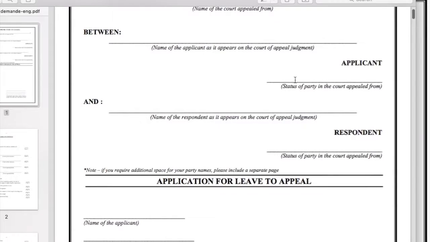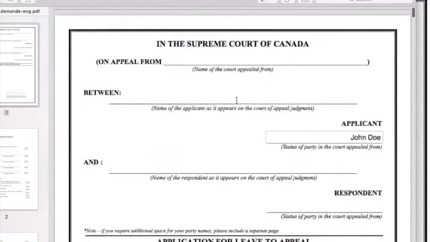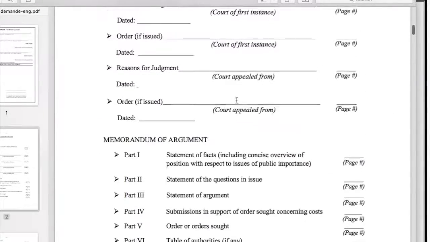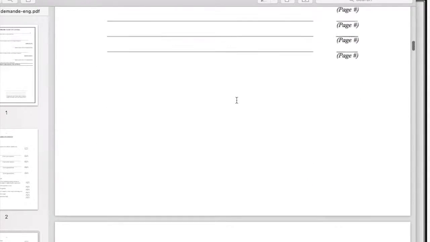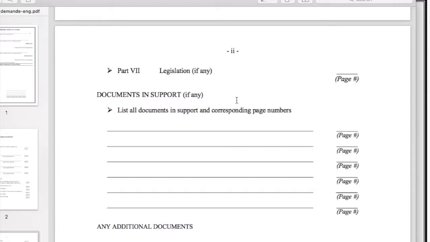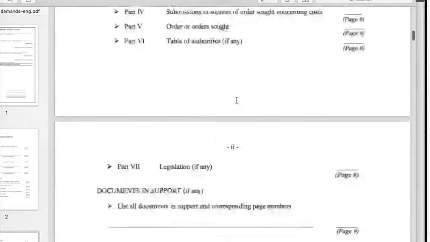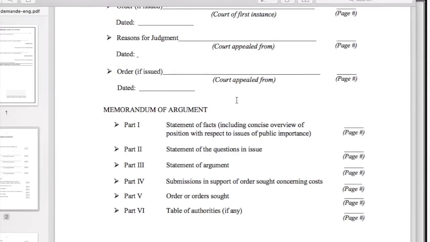So this is a PDF document that you can fill out here, and this is the wrong spot for John Doe. I don't know why I put that in there. I guess I was just testing it out. The proper thing to put in there is the applicant's status in the previous court.